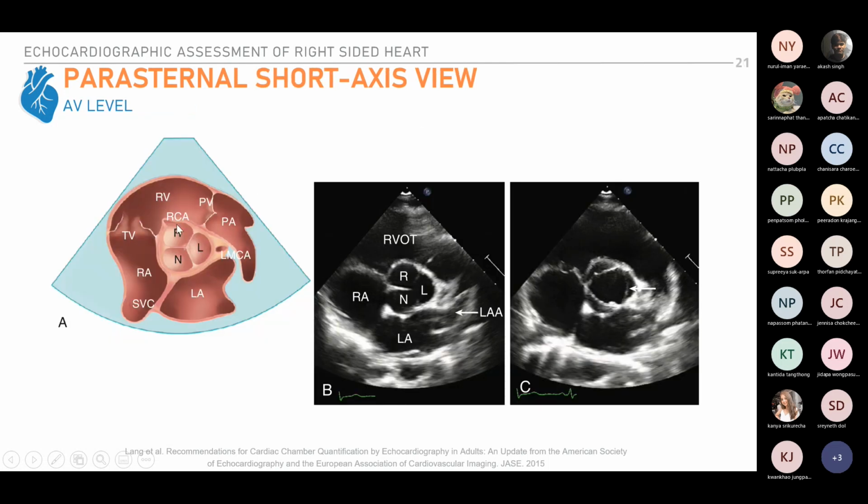Parasternal short axis at the aortic valve level will demonstrate the proximal part of the RVOT and the distal part. This will also demonstrate the right atrium and tricuspid valve, which is used to assess tricuspid regurgitation.